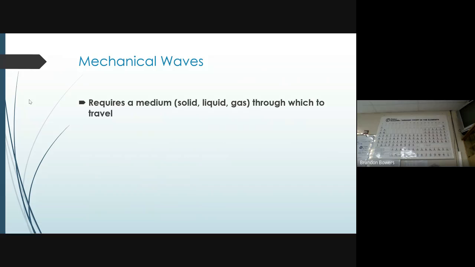Like a solid, liquid, or gas? Yeah. So when I'm talking, is that a mechanical wave? Yeah, absolutely. It's traveling through air. It's traveling through gas. That's a mechanical wave. Requires a medium.